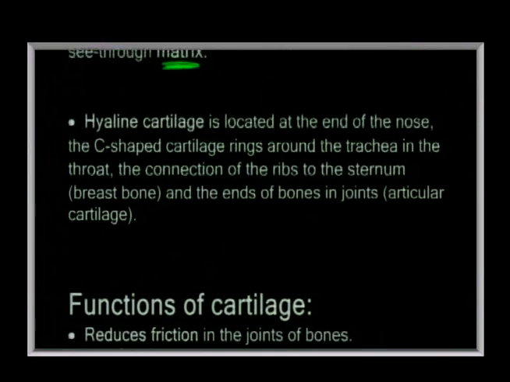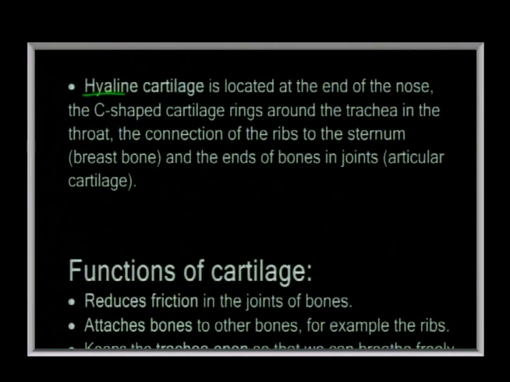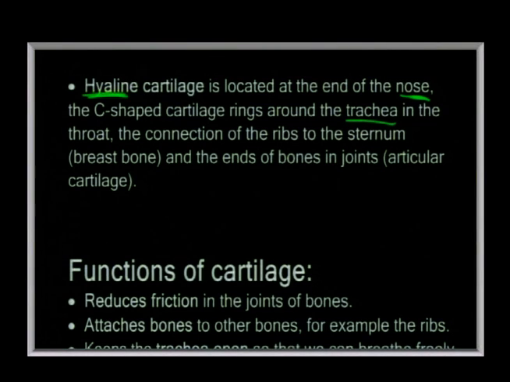Okay? Now, we look at hyaline cartilage. And hyaline cartilage, for example, is at the end of our nose. Also here, run your fingers up and down your throat, and you'll be able to feel these little circles all the way down your throat over here. Those little C-shaped cartilage rings are made of hyaline cartilage as well, and they're around the trachea to keep the trachea open. We've also got the connections of the ribs to the sternum.